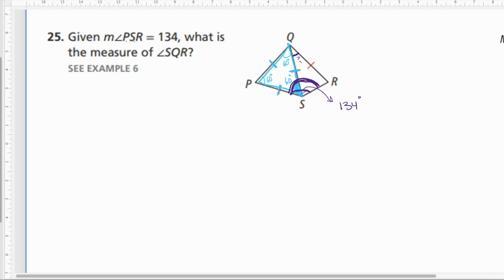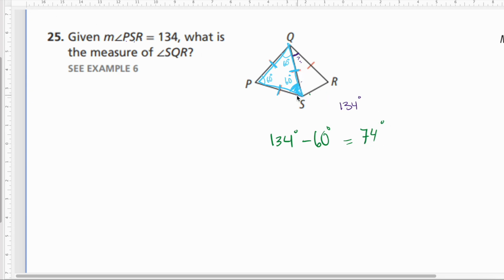So this part only, how can I find it? It's supposed to be 134, the whole thing, which is the total everything, minus the blue part, 60. How did I know it's 60? Because it's an equilateral triangle, which equals 74 degrees. So this part, the green part, is 74.